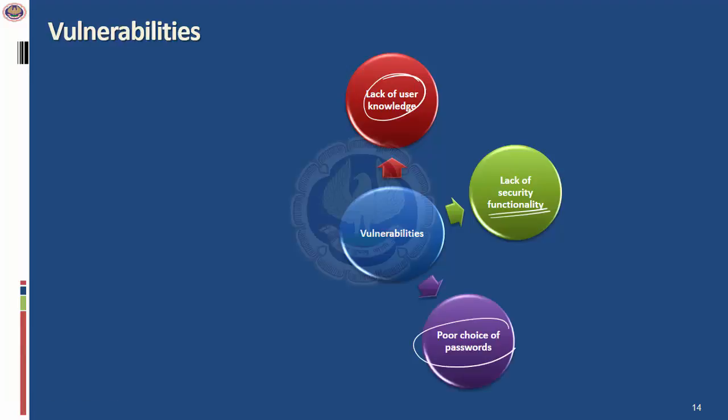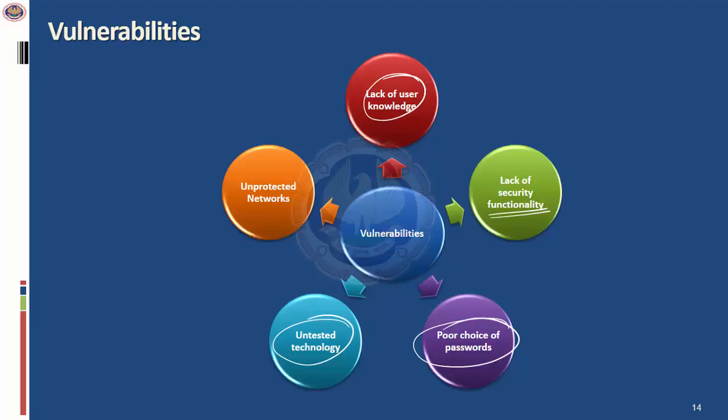There could be poor choice of passwords because of which the systems are hacked, or the technology which is being used may not be tested, may not be reliable, may not be able to deliver the results which the enterprise wants, or there could be unprotected networks because of which the external hackers are able to get into the system and cause havoc or cause loss. So these are all the different types of vulnerabilities or inherent weaknesses in the systems.